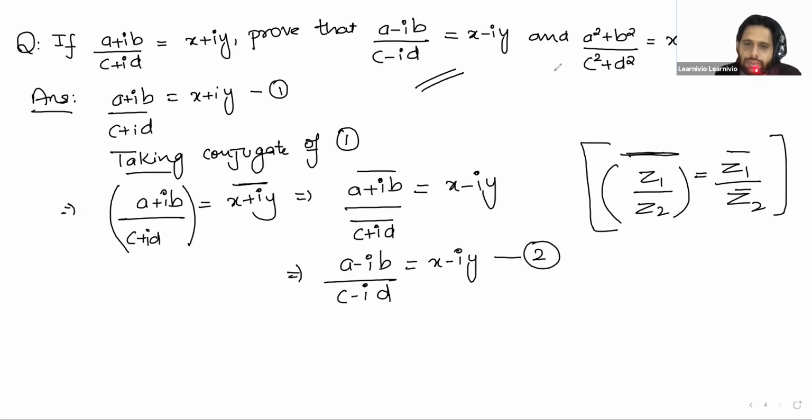This is not a tough one. Just check from 1 and 2, how can we get this? (a square plus b square)(c square plus d square) is equal to this one. Okay, please try to think.